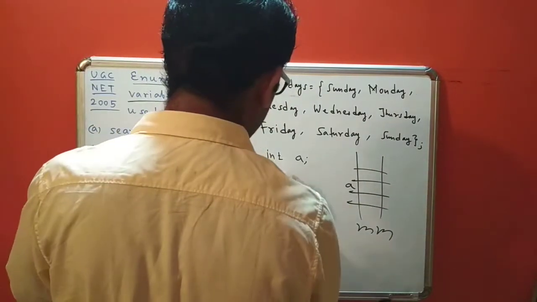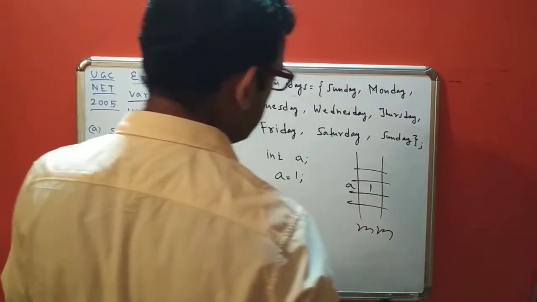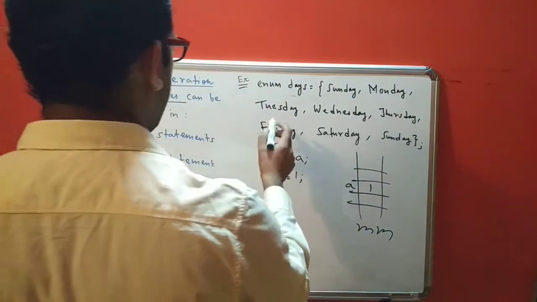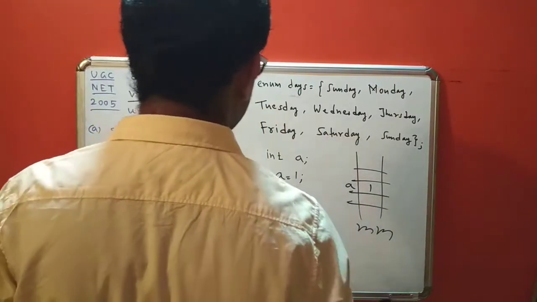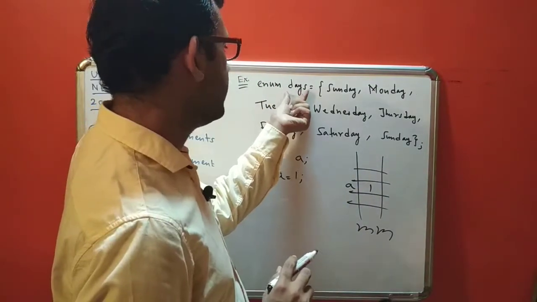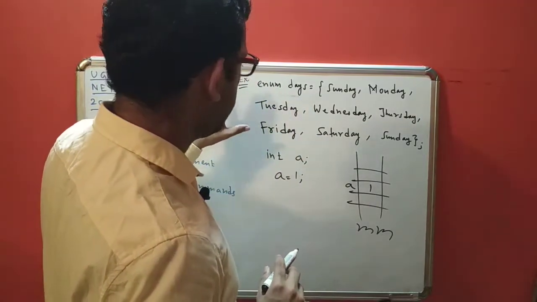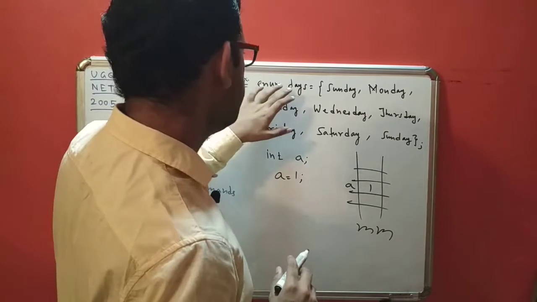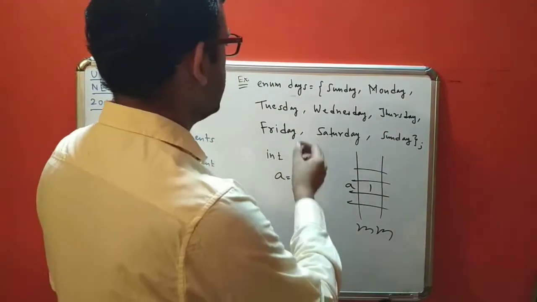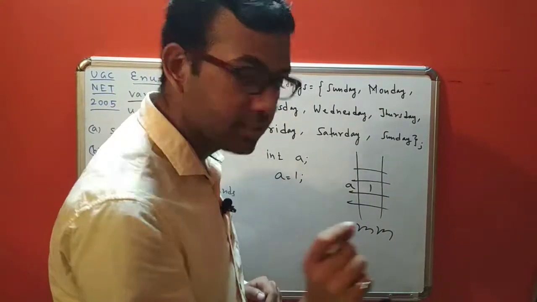And whatever value I give to it, let's say a equal to 1, that memory location gets the value given to the variable. Now when I say enum days, this will not cause any memory to be allocated to this variable days. This simply restricts, or defines, the set of values that a variable of type days can take.